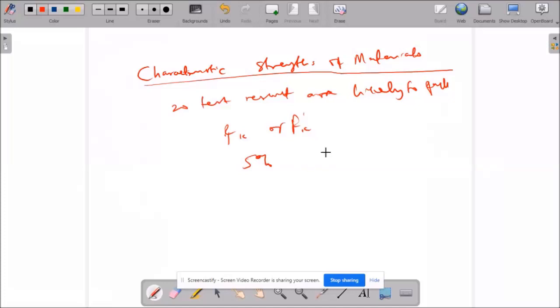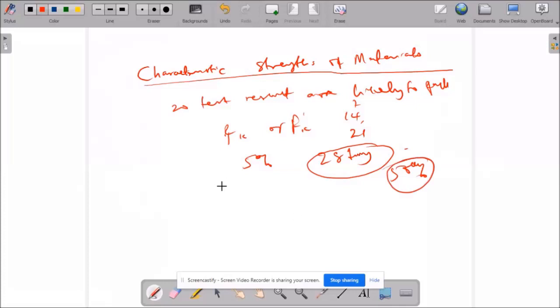So after crushing the concrete cubes at 28 days strength, we look at 7, 14, 21, and 28 days, which is where we record. At these days, the concrete is expected to have gained over 50% of its strength.